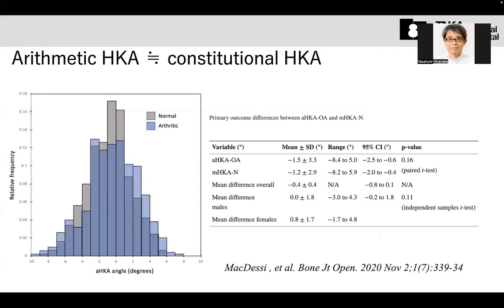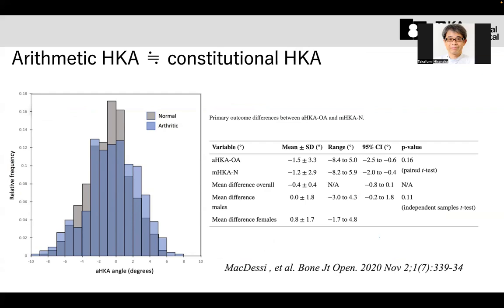So this is one paper from McTessie. McTessie first reported arithmetic HKA and the CPAK classification. He's a very famous Australian doctor.